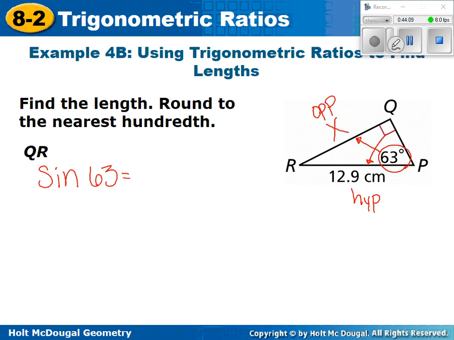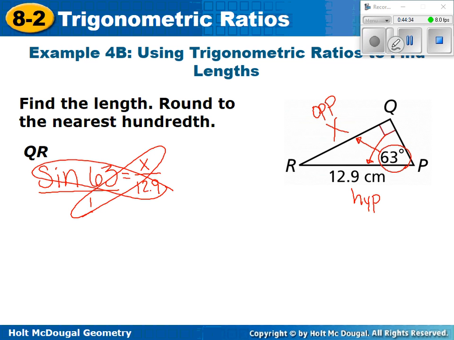Opposite over hypotenuse, so it is X over 12.9. What do we do next? Okay, put it over 1 and cross multiply. We want to make these both fractions so that we have a proportion. And then cross multiply. When we cross multiply this time, notice when the X is in the top, it changes it a little bit.